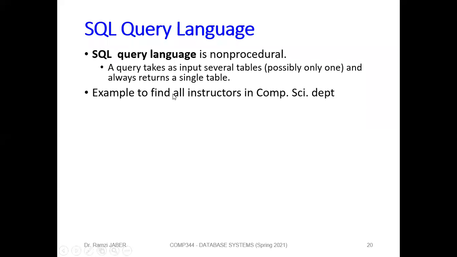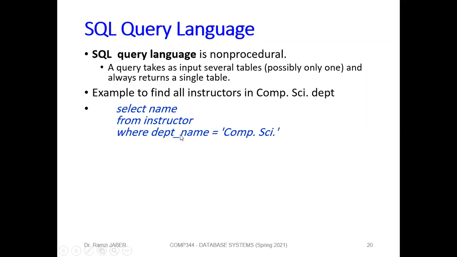Example: how to find all instructors in the computer science department for the same table as before. This code will be used around 80% of the time. We write: select space, the field name, from table name. We have one table here, the instructor table.